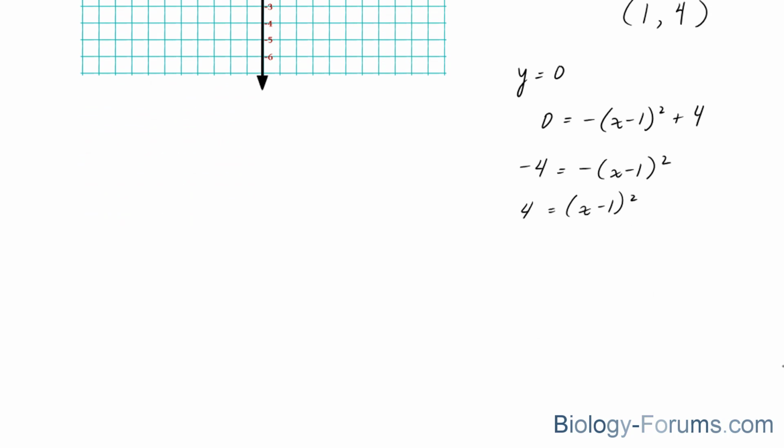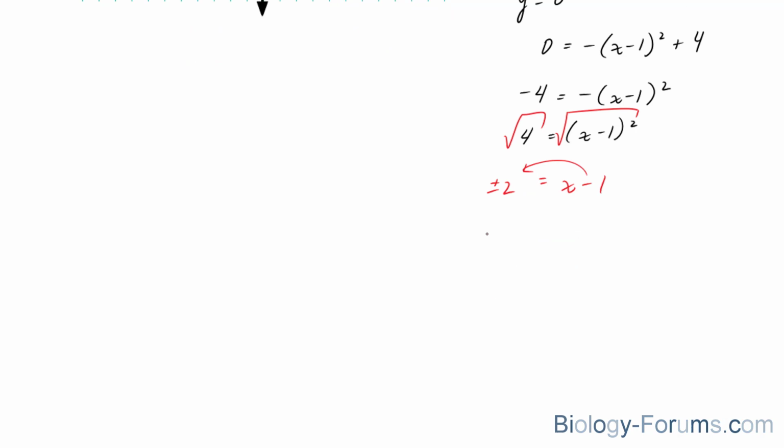And we have looked at this extensively in previous videos, so make sure you check out our playlist. The next thing we'll do is square root both sides to get rid of that. And you end up with plus minus 2, x minus 1. We're going to bring this over. And by doing that, we end up with two possibilities, where we have plus 2 plus 1 and negative 2 plus 1.